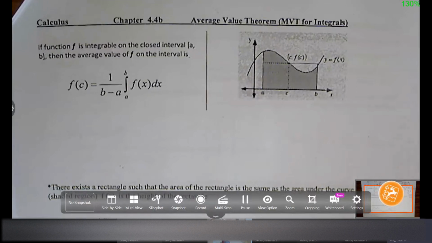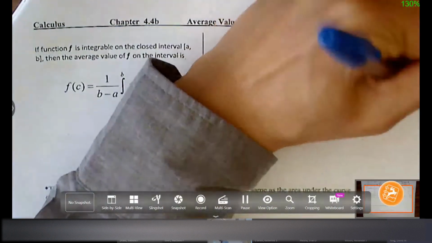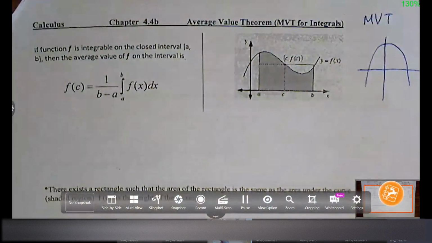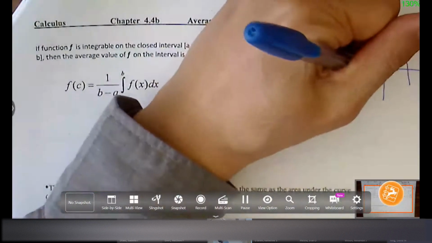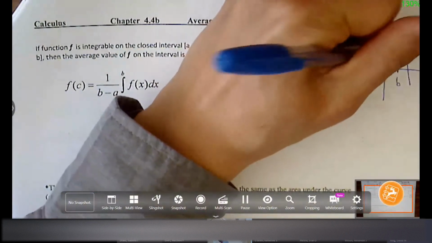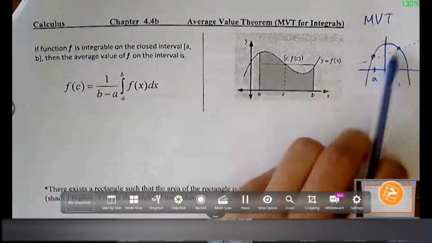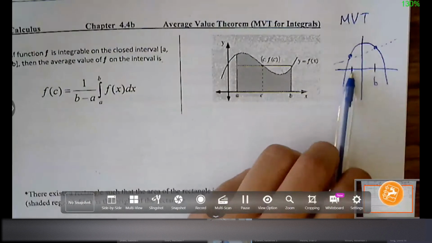The mean value theorem for derivatives is where we can guarantee a slope. Last semester we talked about how if I have 2 endpoints and I'm able to find the slope between those 2 endpoints, whatever that slope is, let's say a slope of 2, we're guaranteed to have that slope show up somewhere along the curve.